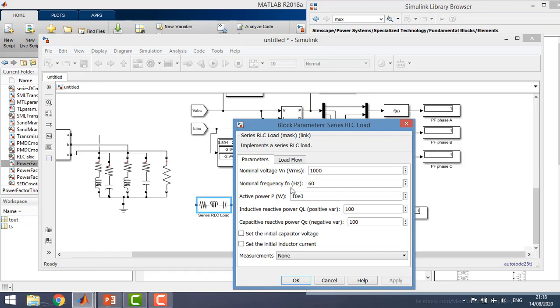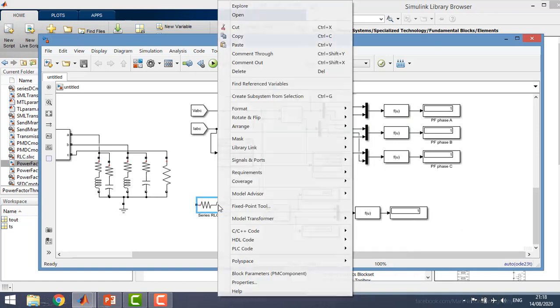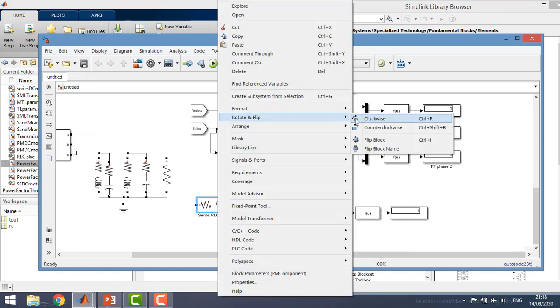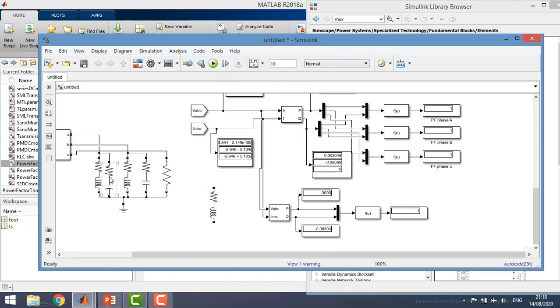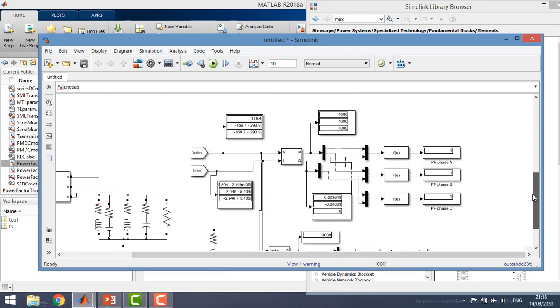So with the load, it's a bit straightforward. Nominal voltage, frequency, we'd like to have 1000 active power and 2000 reactive power, inductive, and we can simply, let me show you exactly what I meant.